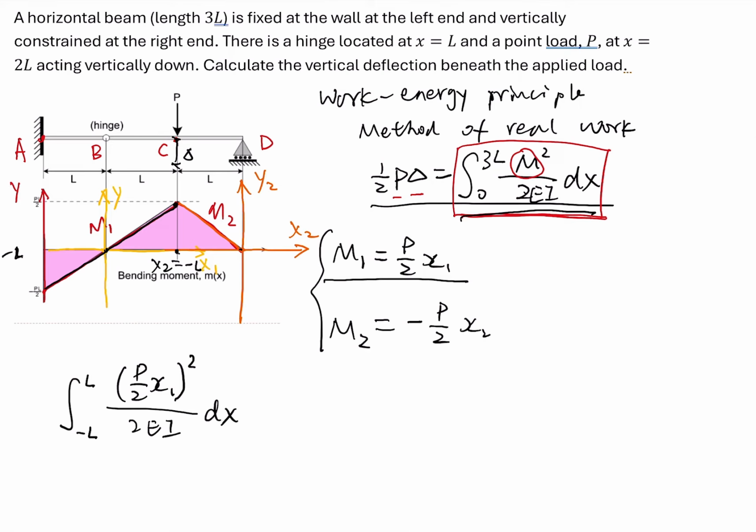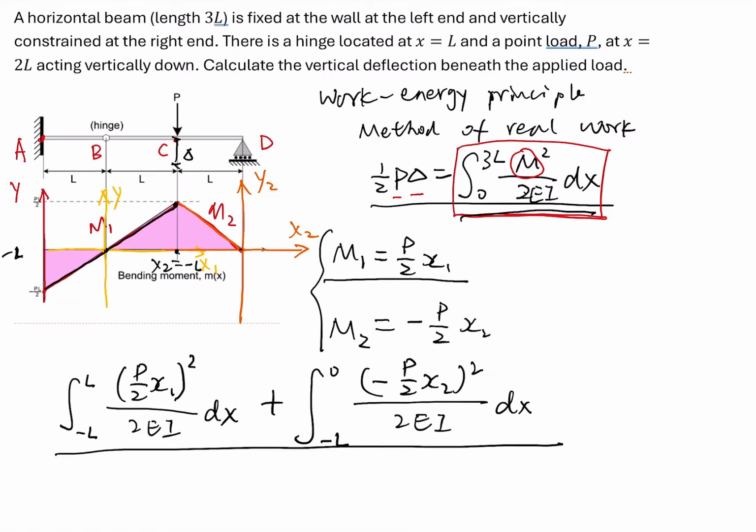And for M2, x2 changes from negative L to 0, with PL over 2 x2 squared over 2EI dx. These two integrals are used together to express the one integral.